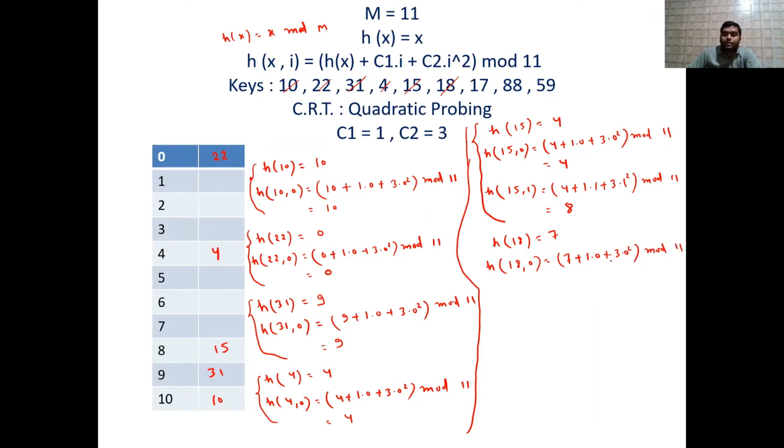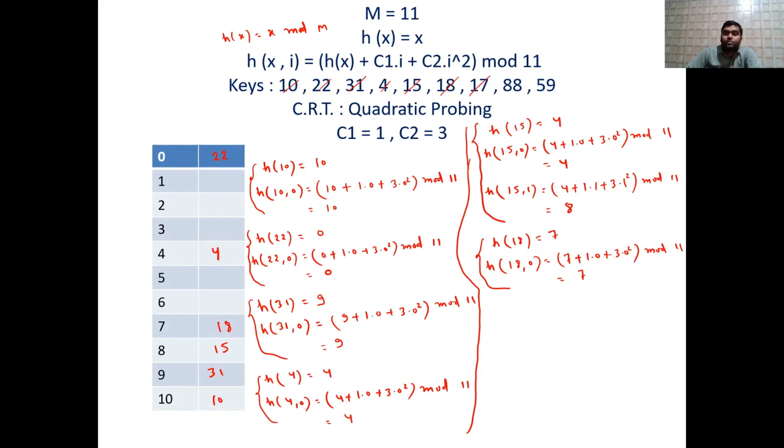What are this 1 and 3? The C1 and C2 values are already given in the question. So this will return 7, and the 7th space is available. So it is good luck for us: just put 18 at the 7th place.